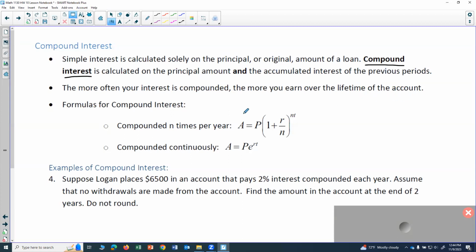Formulas for compound interest include compounded n times per year. We have A equals P(1 plus R over N) to the NT, where A is the amount, capital P is the principal, or the original amount of your loan. R is your rate, your interest rate.